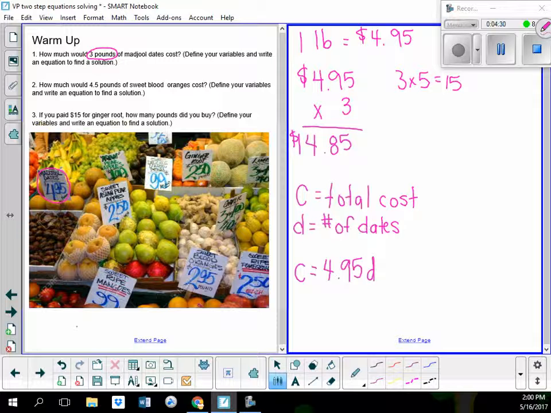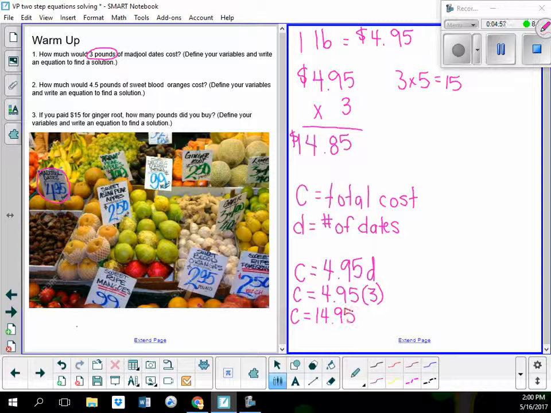So in the problem we just did, if we're like, okay, how much do 3 dates cost? I'm going to say the cost would be $4.95 times 3, and those parentheses mean times. And we solved it above, and we know that it would equal $14.95.